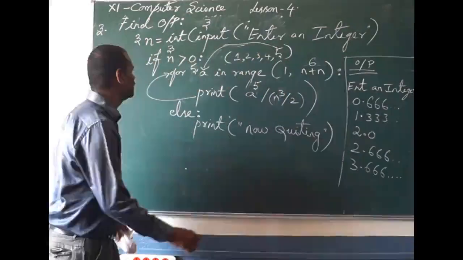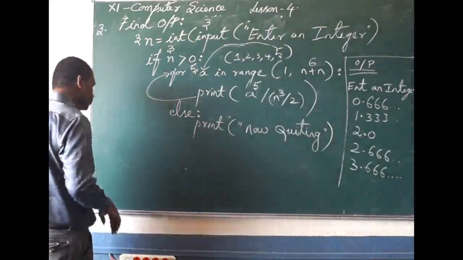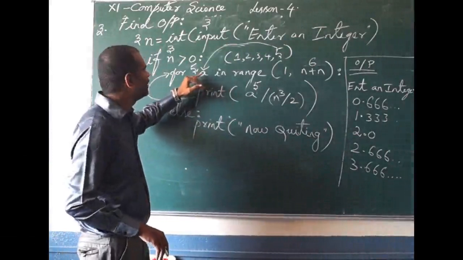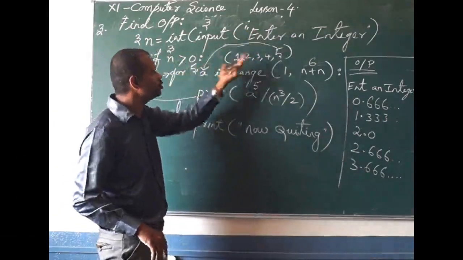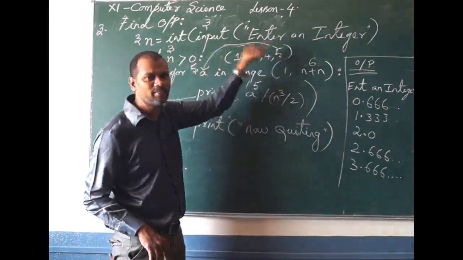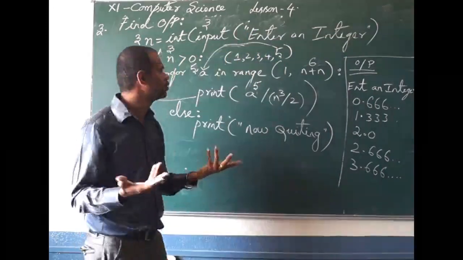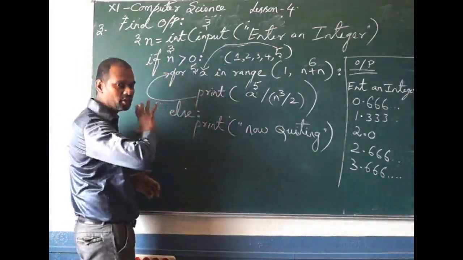Here be very careful. A is trying to receive the next value. A received 1, 2, 3, 4, 5. Now A is trying to pick up some other value, but there is no value. So what will happen? This part is going to finish.